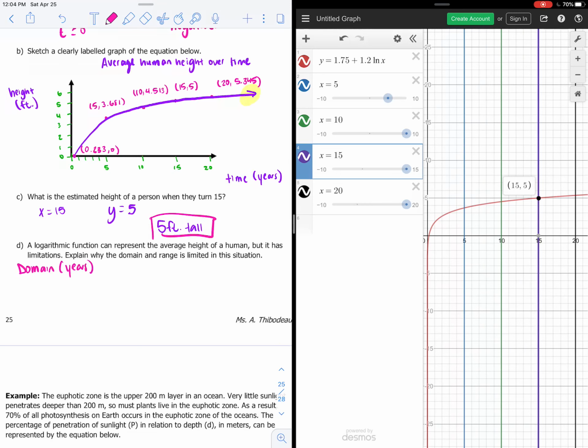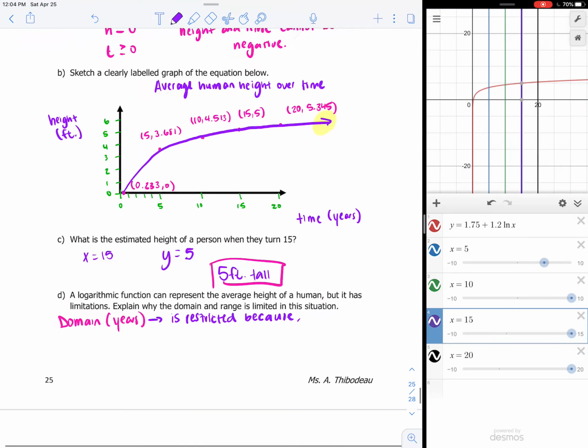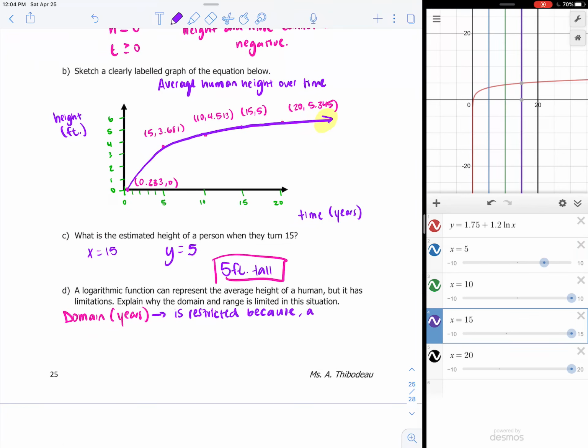And so domain is talking about how old someone is. So first of all, the domain is restricted because, like we've already talked about, a person cannot be a negative number of years old.